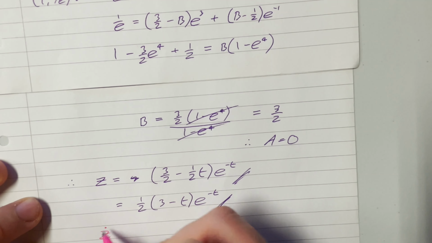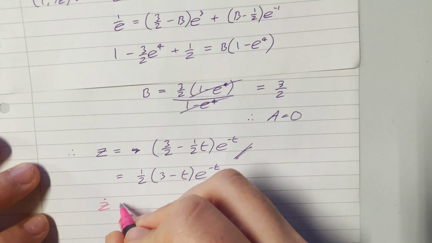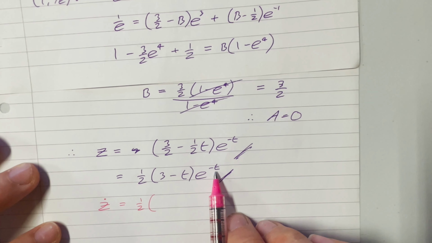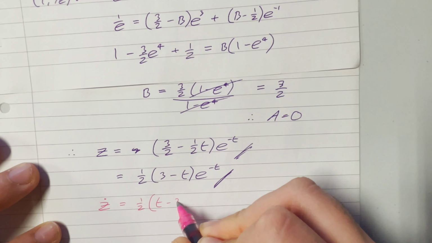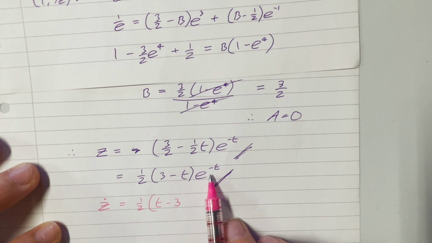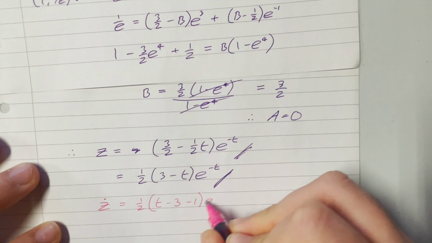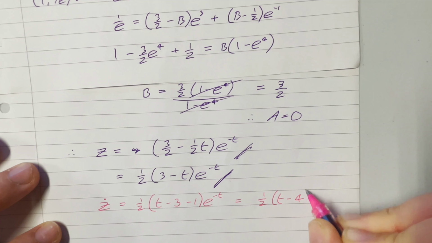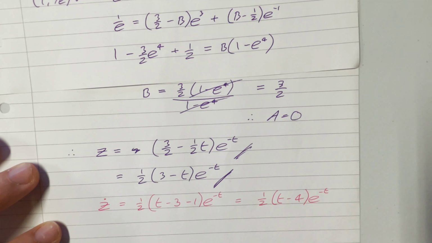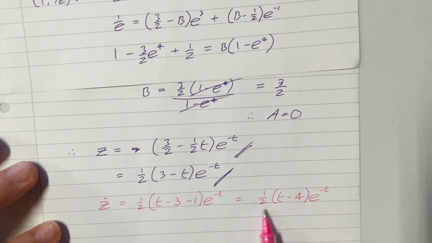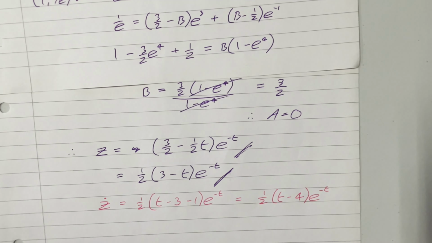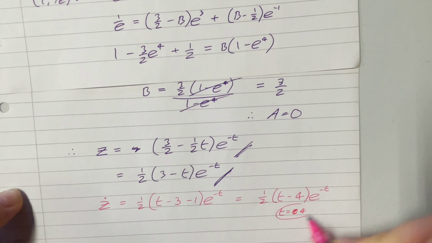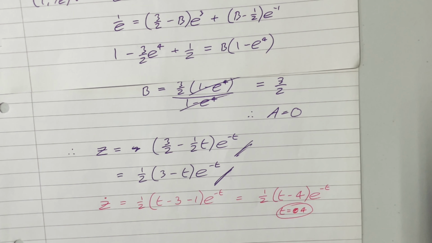Z dot, which is dz by dt, is going to be a half into this times the differential of this, so that minus is going to come down to give me a t minus 3, and I've also got plus that times the differential of that, which is a minus 1. So I'm going to get a half into t minus 4 e to the minus t. So this is going to have a turning point when t is 4, and that's the only turning point this curve has got. So t is 4 is my turning point coordinate.